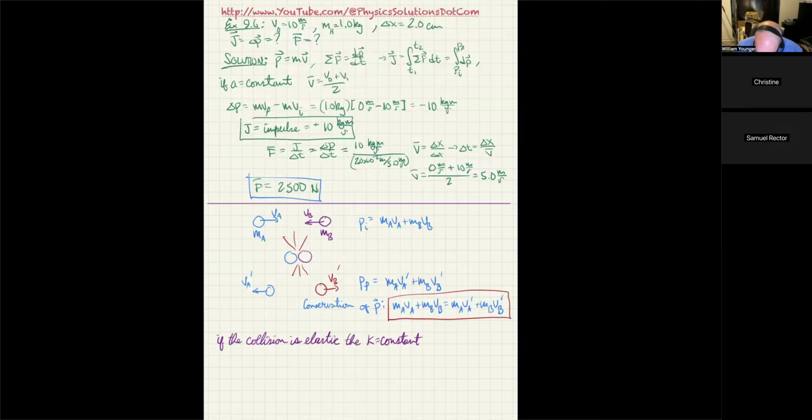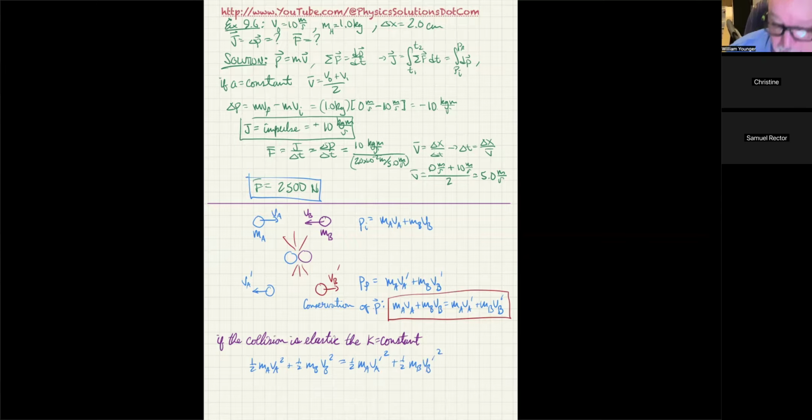Okay. All right. So now, when the kinetic energy is conserved, we call that an elastic collision, and that would be explained by this. We would have 1/2 m_A v_A squared plus 1/2 m_B v_B squared is equal to 1/2 m_A v_A' squared plus 1/2 m_B v_B' squared.